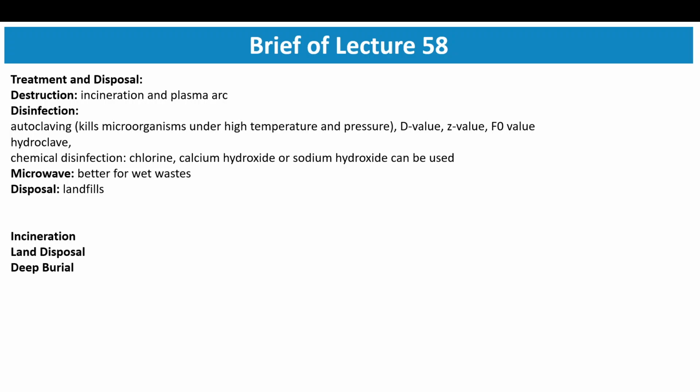In the case of a hydroclave, you are not allowing it to cool; you are maintaining a certain higher temperature so that the energy requirement is lesser at every step. Then you can have chemical disinfection, for example, chlorine, calcium hydroxide, bleach, etc., which have the ability to generate radicals and reactive species that can penetrate and damage the DNA of microorganisms, and that is how it kills the microbes.